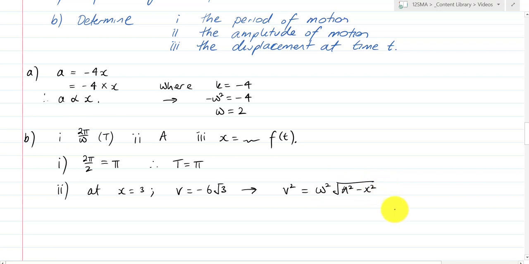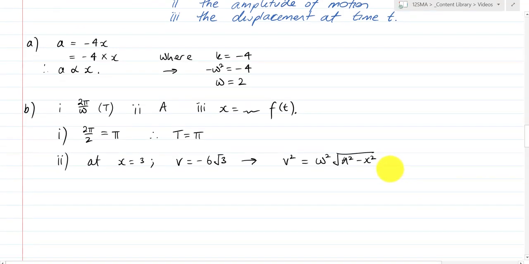Now this is an identity, so for all velocities they are equivalent to the displacements at that point, and omega and a are constants. But we have a specific situation, and so it must be true. We also know omega, so we get (-6√3) squared equals 2 squared times (a squared minus x squared), which in this case is 3 squared, and we can rearrange it.